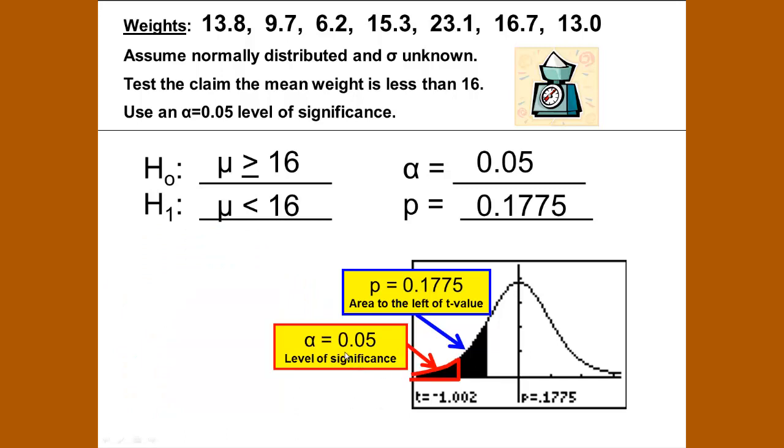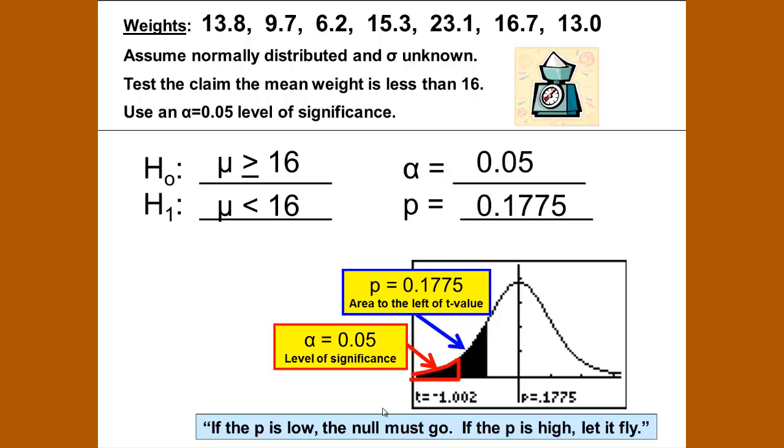The alpha value says we have an area of 0.05, and notice how Mrs. Borlaug has graphed that on the normal curve. And remember the phrases: if the p is low, the null must go. If the p is high, we let it fly.